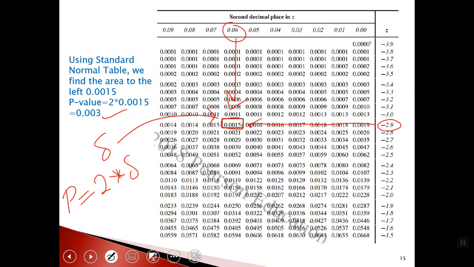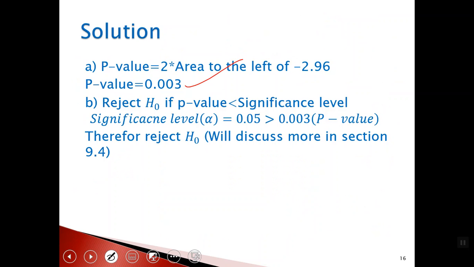What is your decision? Your decision should be reject H naught. Your p value is less than or equal to alpha 0.05. You can say less than or less than or equal, that's fine, because of the definition they have mentioned.